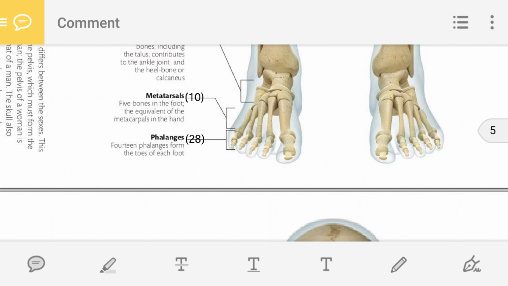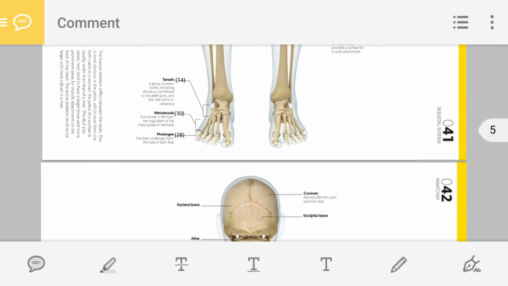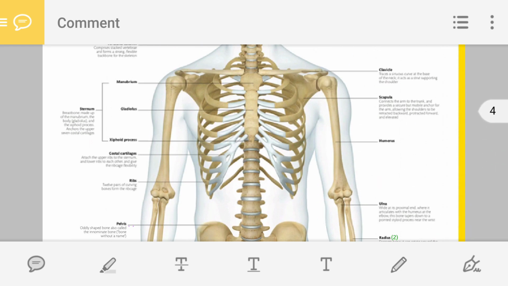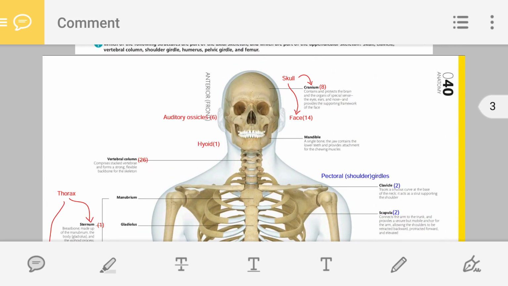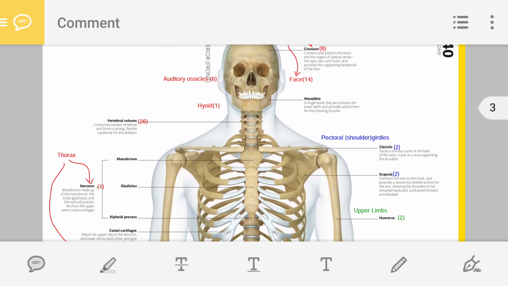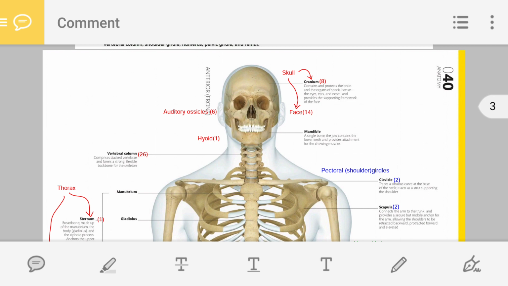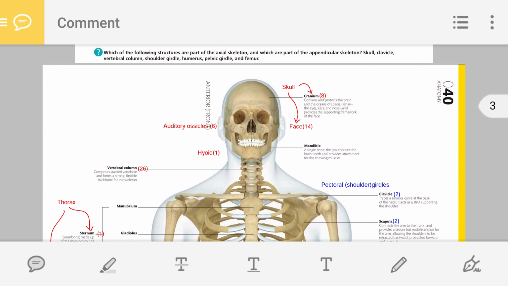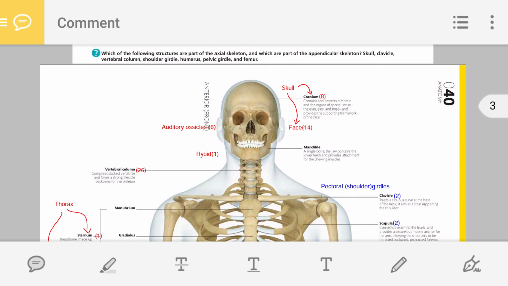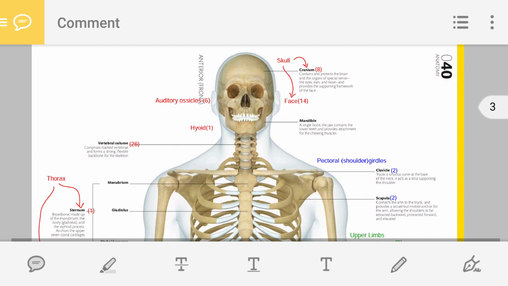Now I have shown you all the bones and the total number of bones. Axial there are 80, then appendicular there are 126. So the total becomes 206.